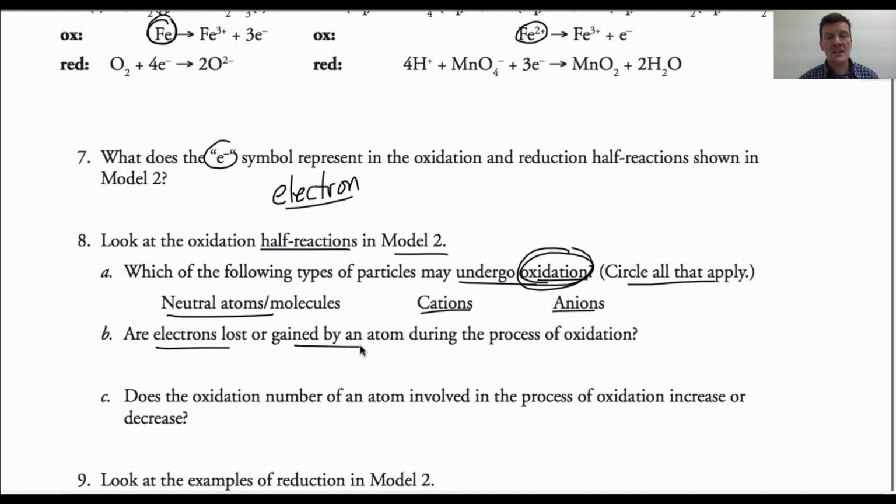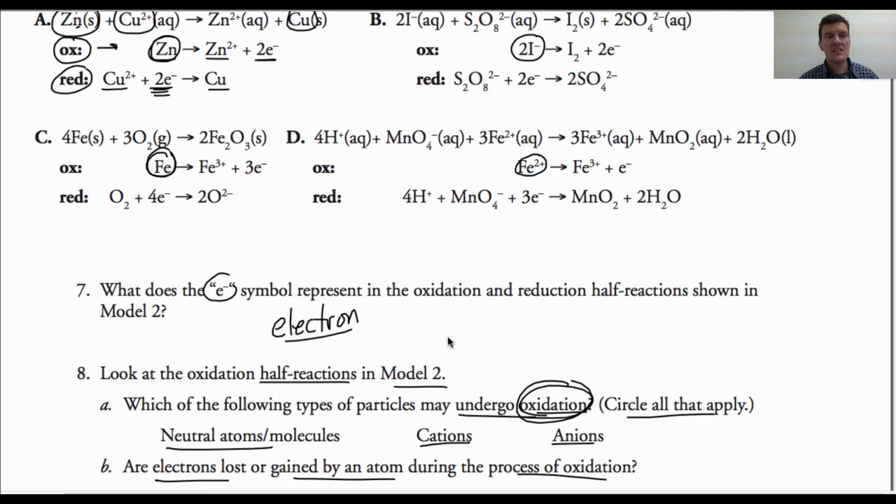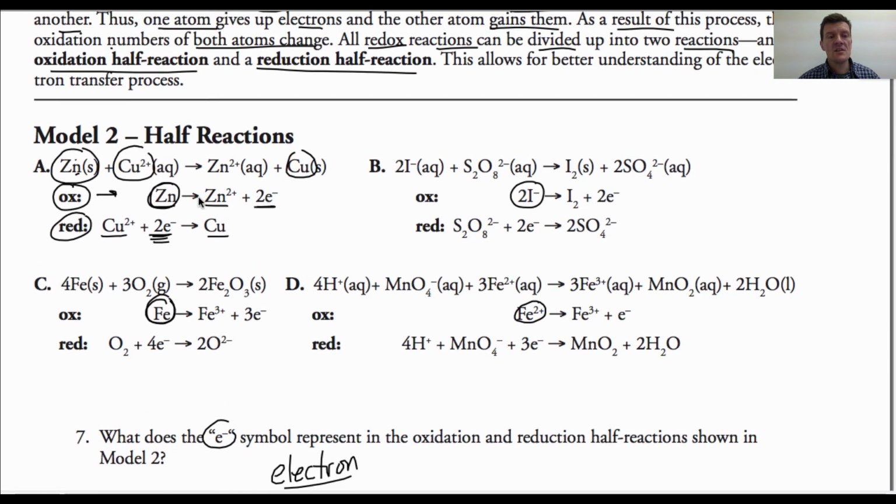Are electrons lost or gained by an atom during the process of oxidation? Well, in all cases, look what happens here. On the product side is where you see the electrons. That means they were produced, they were freed up, they were let go. If electrons appear on the product side, that means that they were let go from this zinc over here and are able to move to something else.